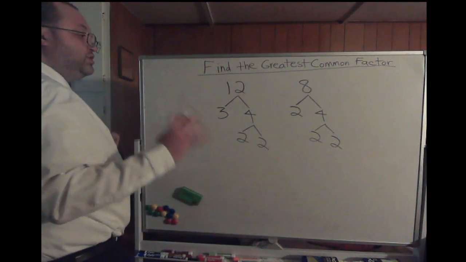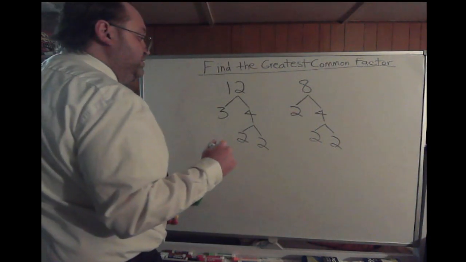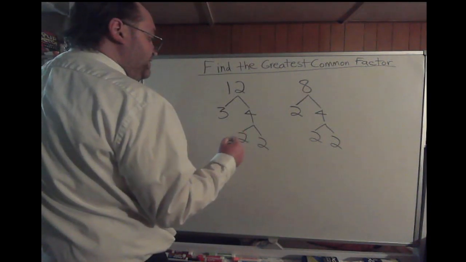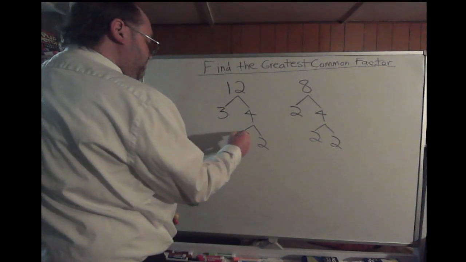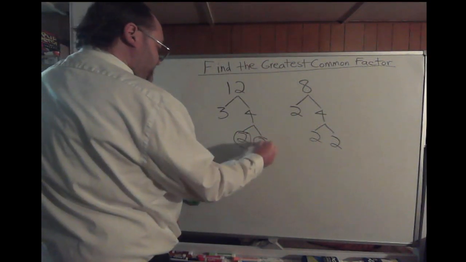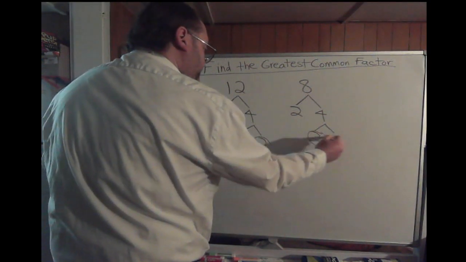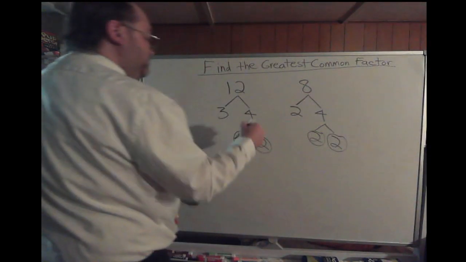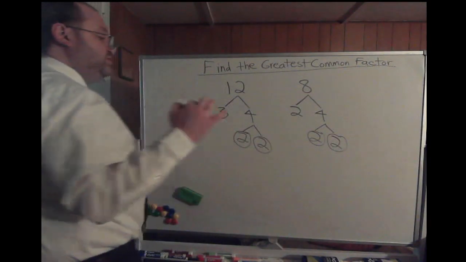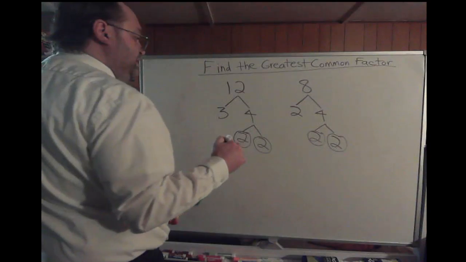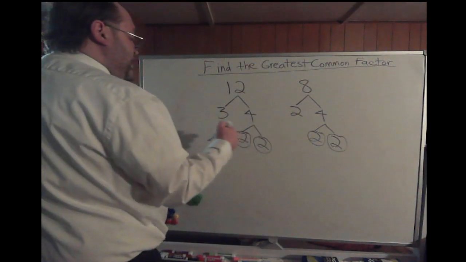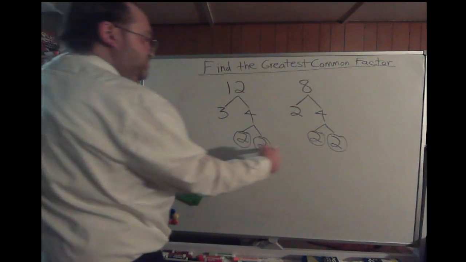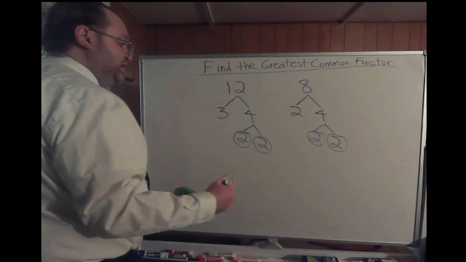If you want to find the greatest common factor, what you need to do is circle what they both have in common. Both of them have 2 2's in common. So both 12 and 8 have 2 2's in common. They don't have a third 2 in common. They don't have a 3 in common. But you do see both have 2 2's in common.